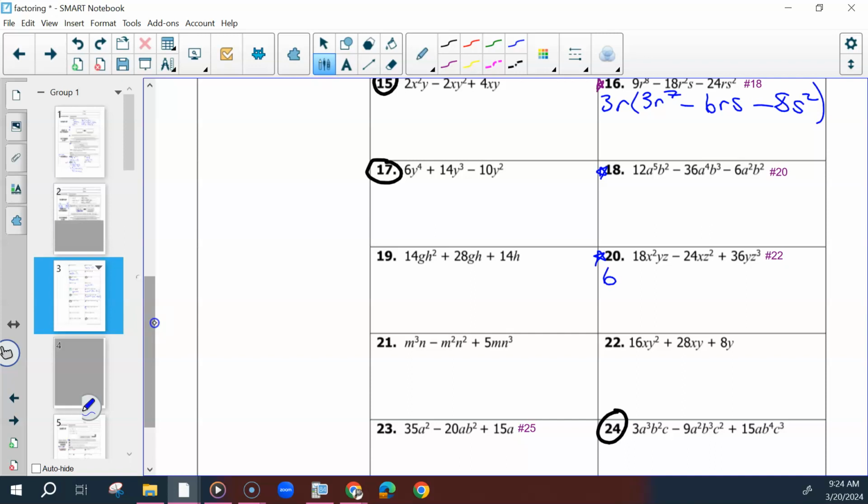One Z. They don't all have X's and they don't all have Y's. So just 6Z. And then what would be left if we divide each one by 6Z?